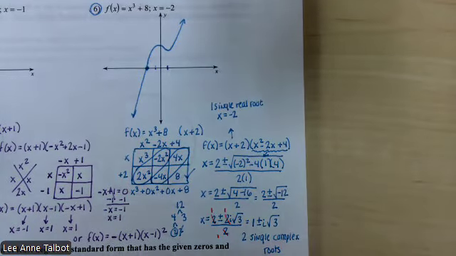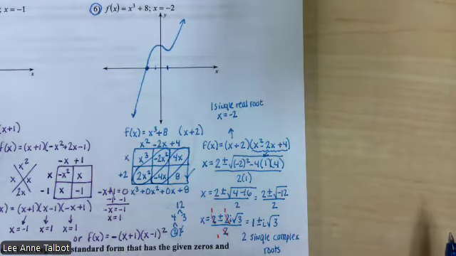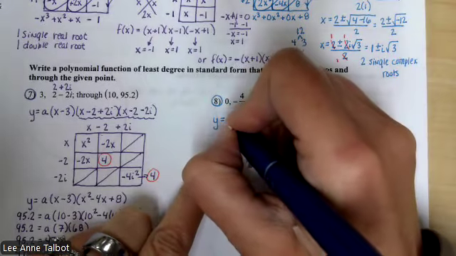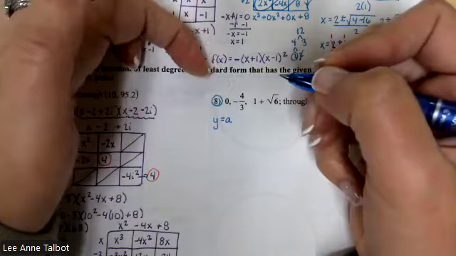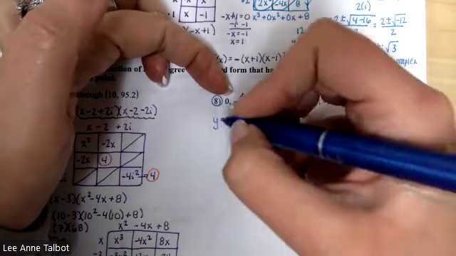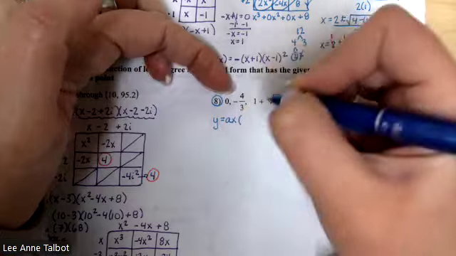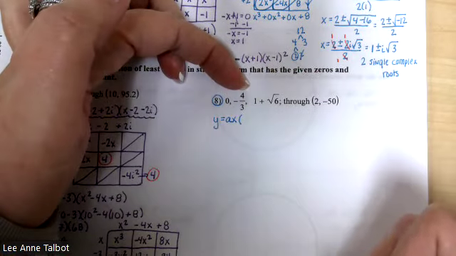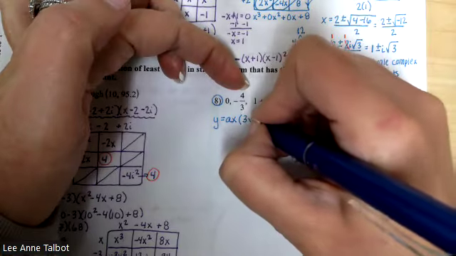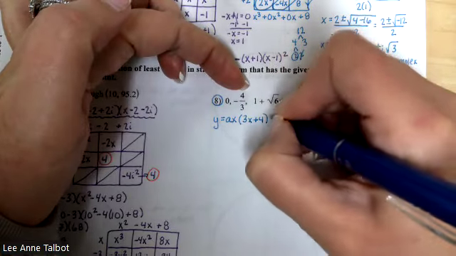Okay, now let's go down to spicy problem number 2, which is number 8. Y equals a. All right, let's go slowly. What do I do for 0? X. What do I do for -4/3? 3x plus 4.